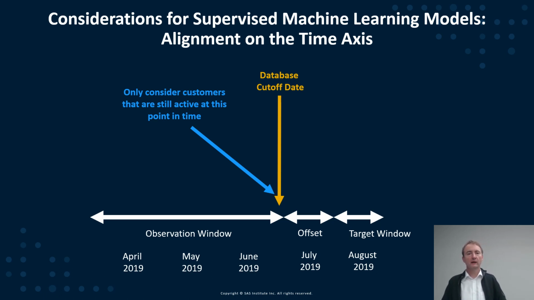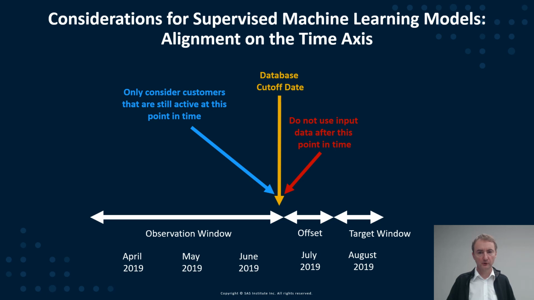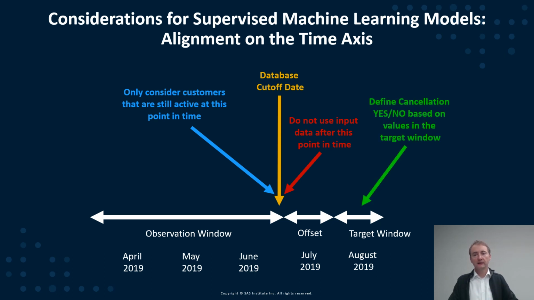So customers who have left the company already earlier should not be considered here and should not be used. And it's also important not to use input data after this point in time to predict the outcome event. For example, in our case here, the cancellation event, yes or no, in the target window. To separate these time points is very important for a proper definition of your training data mart.